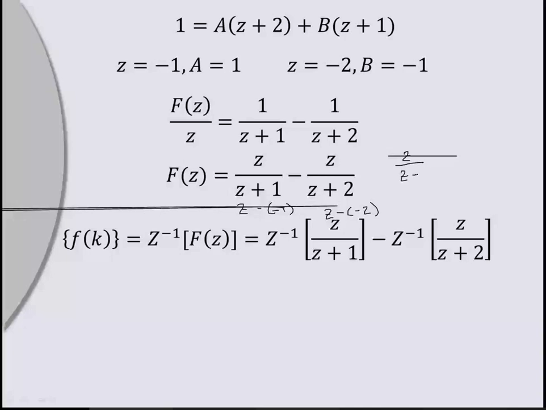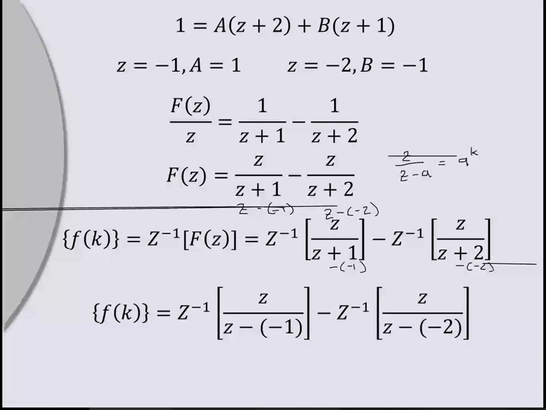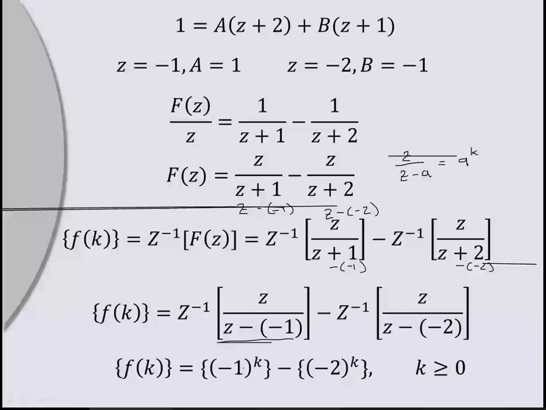So here a will be minus 1 and here a will be minus 2. So by using that corresponding formula, the z inverse of all this will be minus 1 raised to k minus of minus 2 raised to k, where k is greater than or equal to 0.